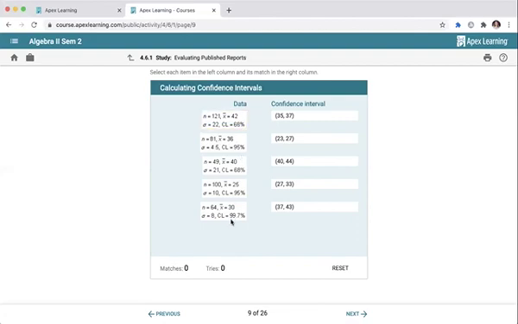Once you do that, you should be able to calculate whatever your value is. This first one matches up here, and you can do the calculations, and this is going to give you a confidence interval.